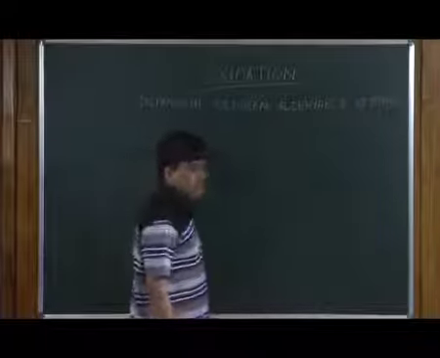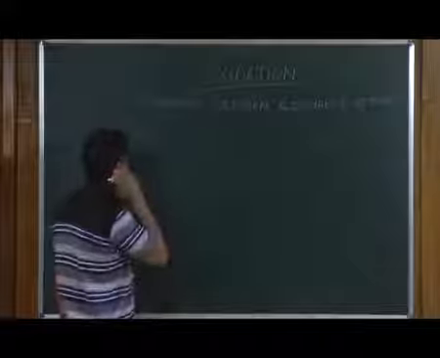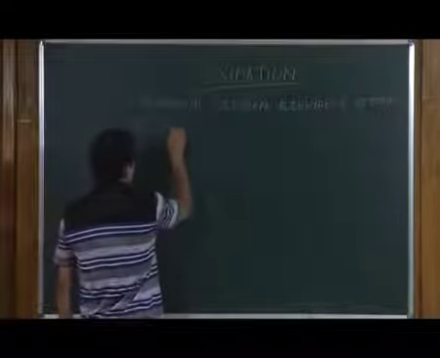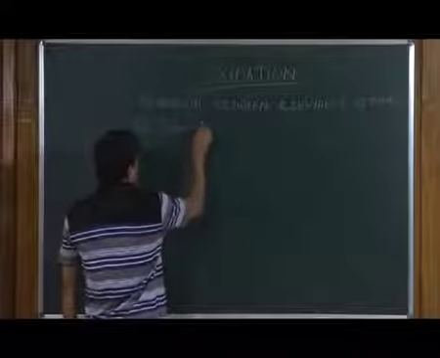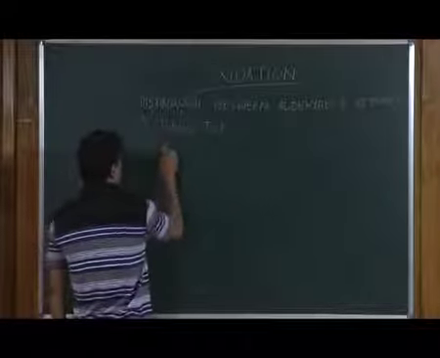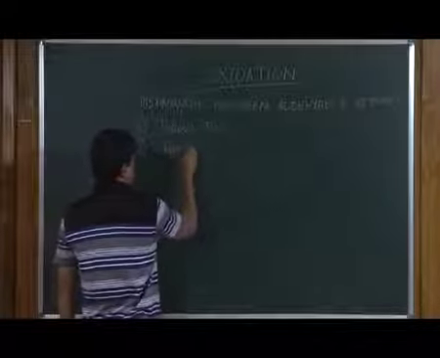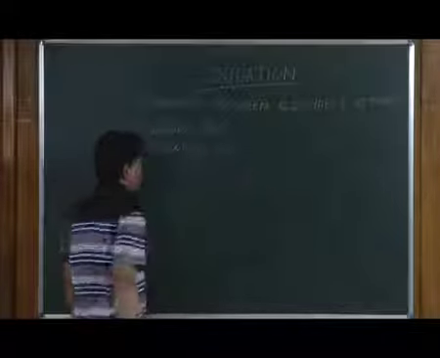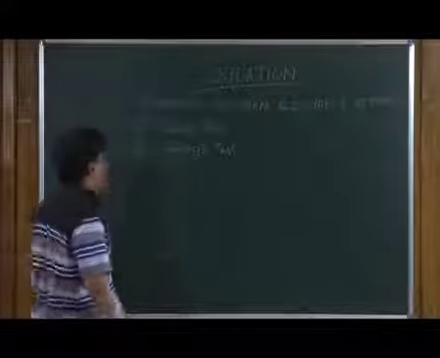Two tests can be done where aldehydes will respond and ketones will not respond. First is the Tollens test, another is the Fehling test. So, first we will discuss the Tollens test.